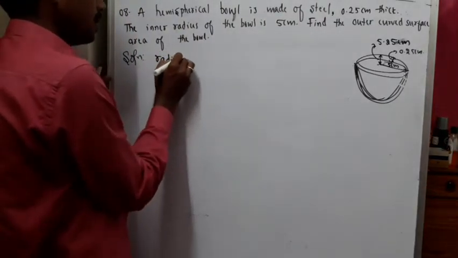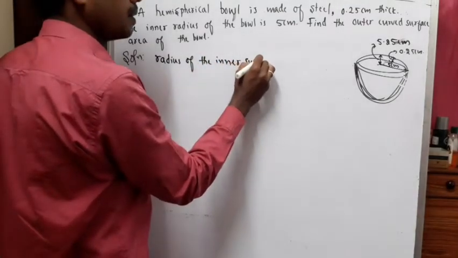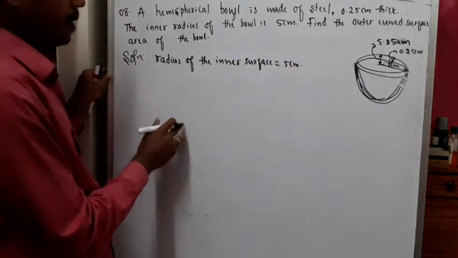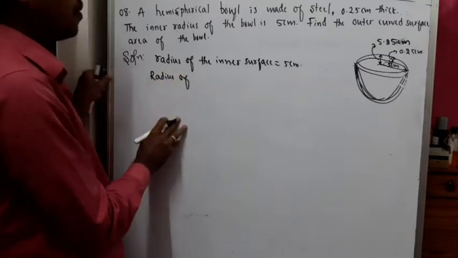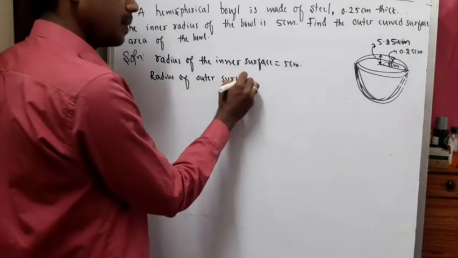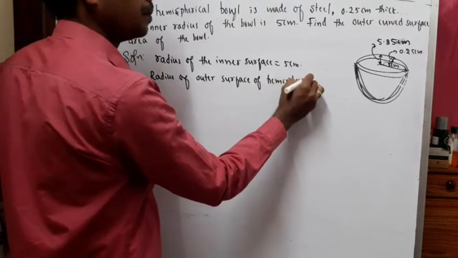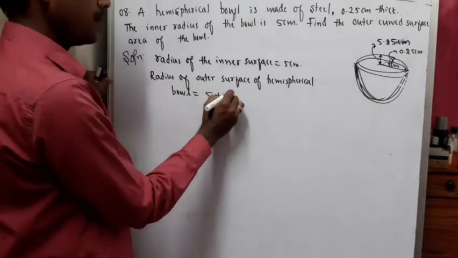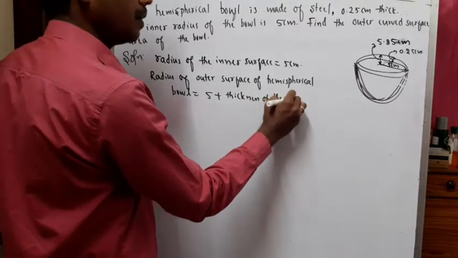So radius of the inner surface is equal to 5 centimeter and radius of the outer surface of the hemispherical bowl is equal to 5 plus the thickness of the bowl.